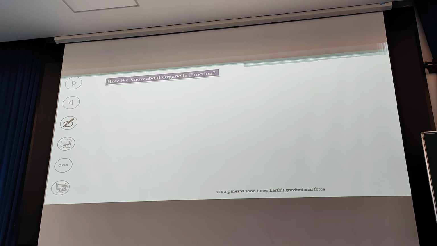The process by which this happens we call centrifugation.